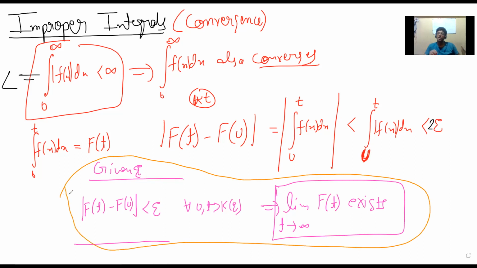You can use Bolzano-Weierstrass: every bounded sequence has a convergent subsequence. From here you see that f is bounded. That should be immediate, because you can just fix u, and as t changes, with t bigger than k of epsilon, it's bounded.